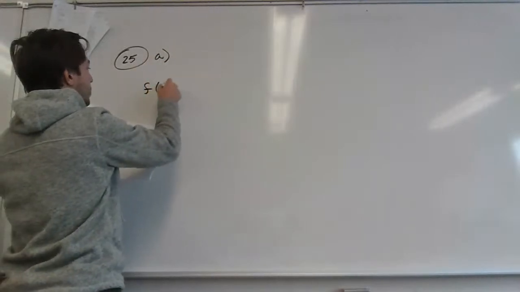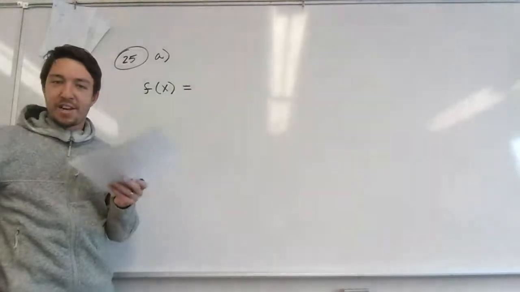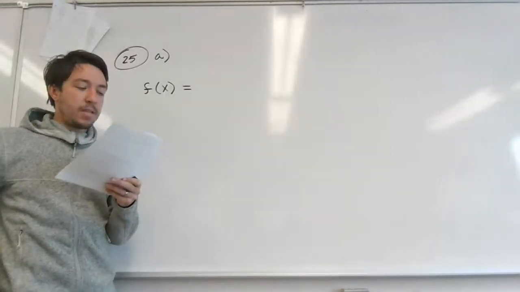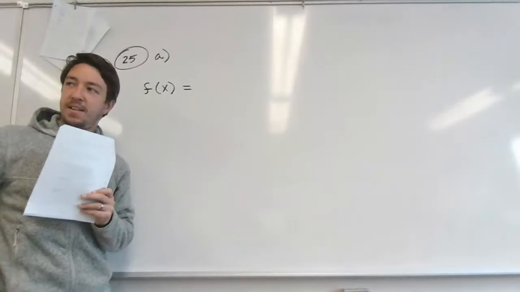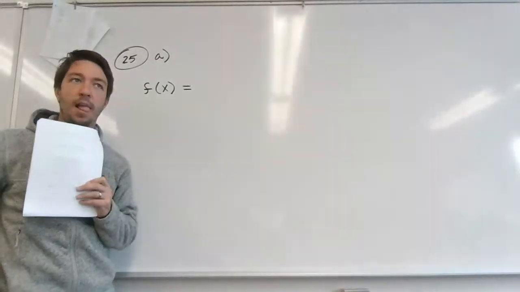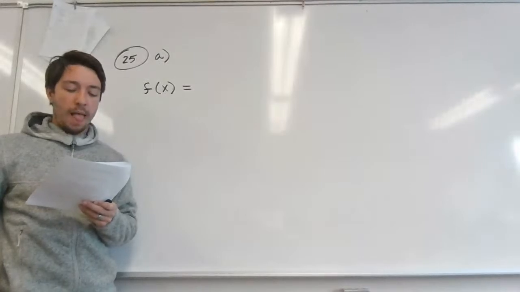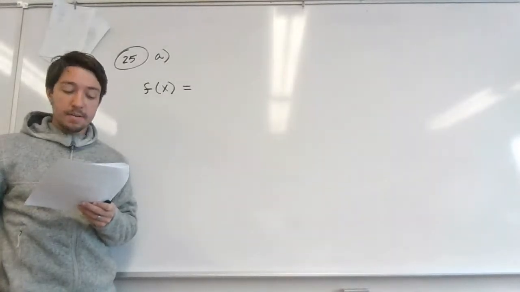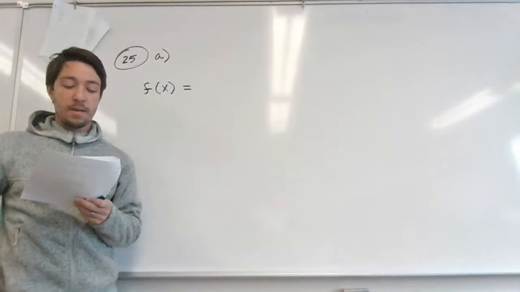So f of x. Here's a good question, actually. Does anyone think they know the answer to both of those questions without doing any calculation? Zero. It's a good answer, but the second one is going to end up being 0.